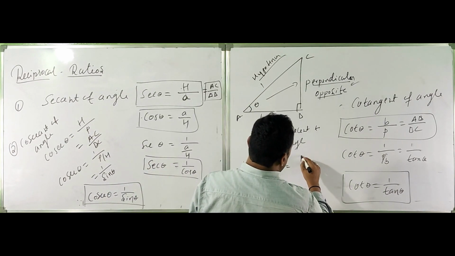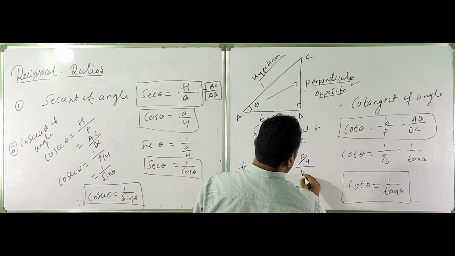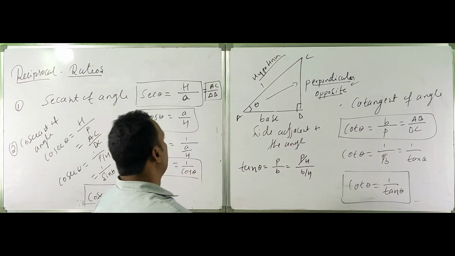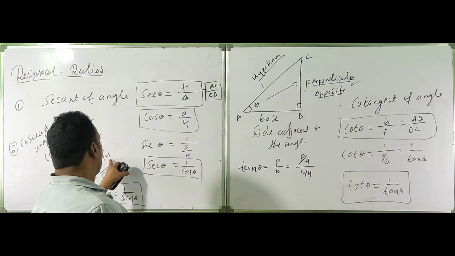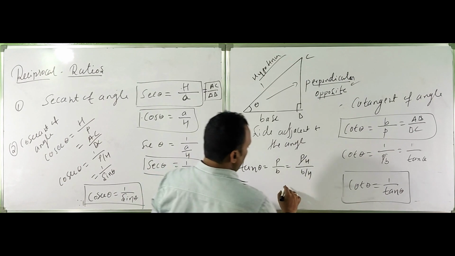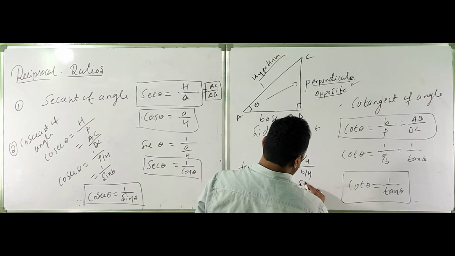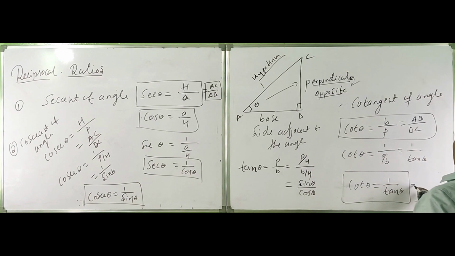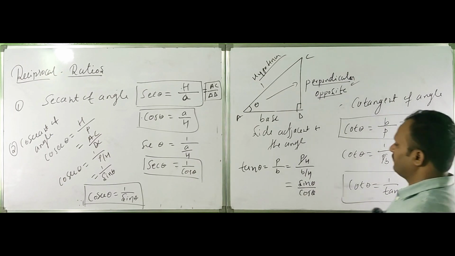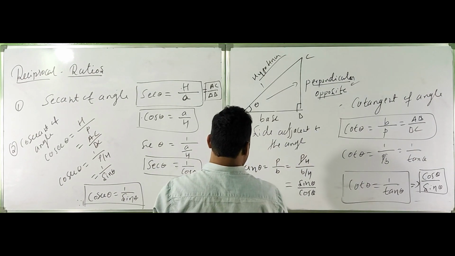This can be written as P by H divided by B by H. What is P by H here? What is sin theta? P by H is sin theta. And B by H is cos theta. So tan theta is sin theta by cos theta. Similarly, for cot we have cos theta by sin theta. For tan we have sin theta by cos theta.